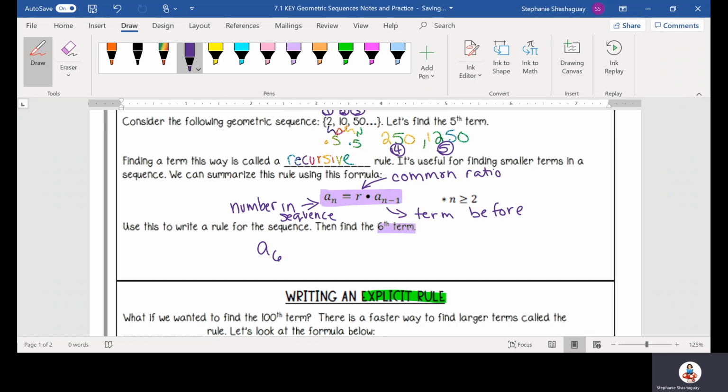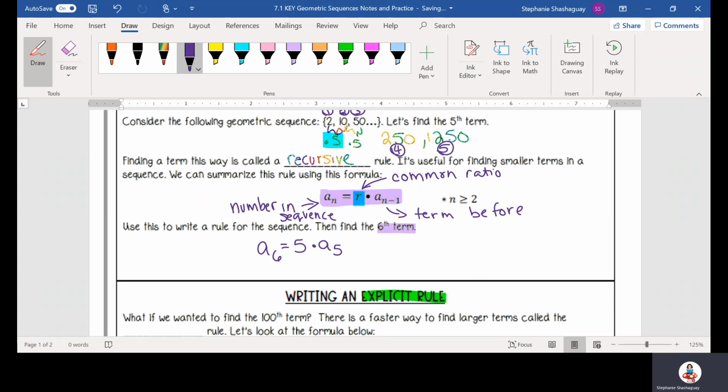That's going to equal our common ratio, right? Because that's what our R means. So that's going to be 5 multiplied by our a sub 5.